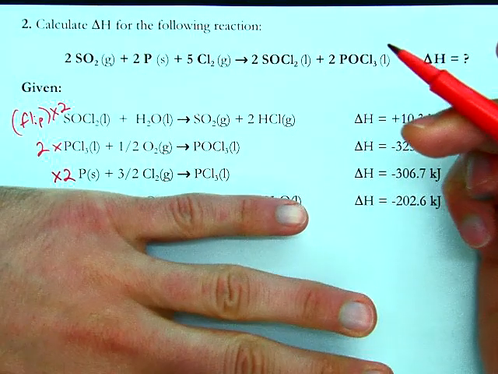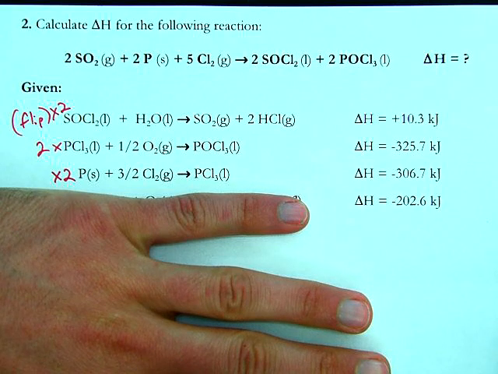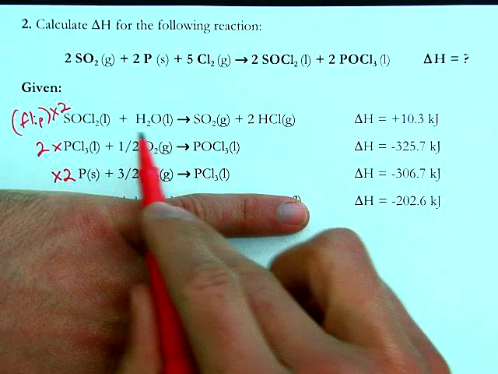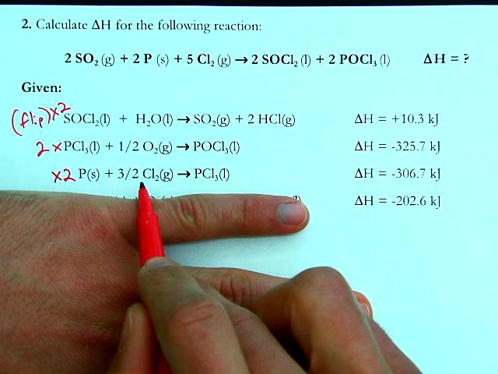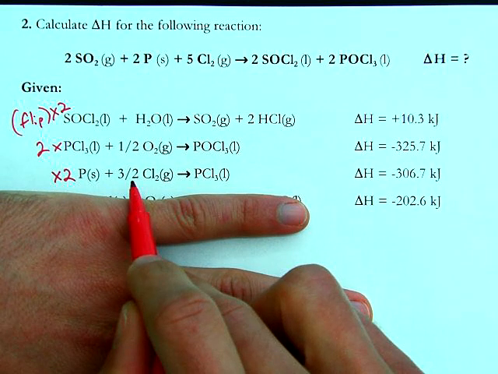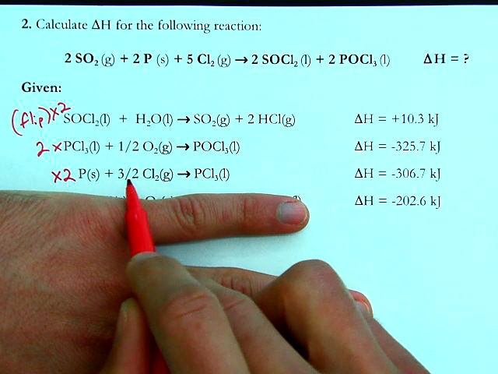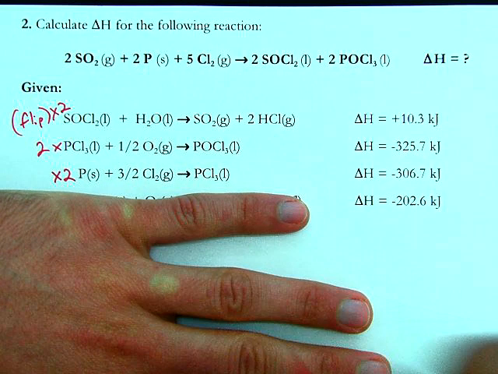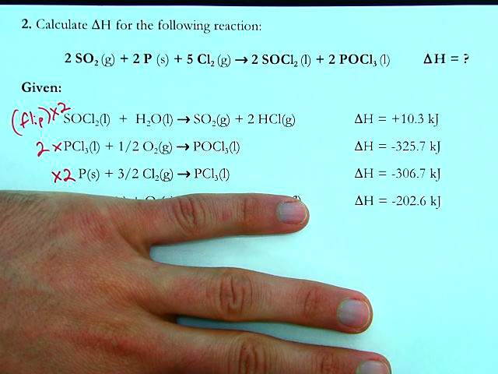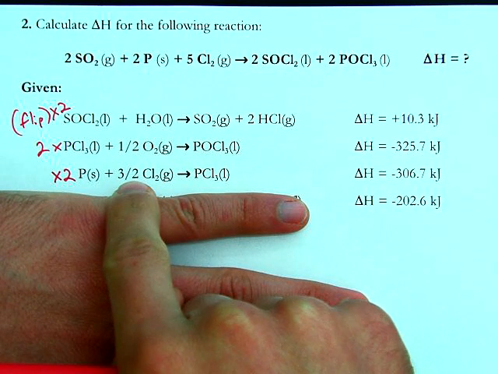And if we didn't have this equation here, right now we have chlorine right here, and it's on the left side. If this equation is getting multiplied by 2, 3/2, that's the same as 1.5. If you take 1.5 times 2, that's 3. So right now we have 3 chlorines on the left side.